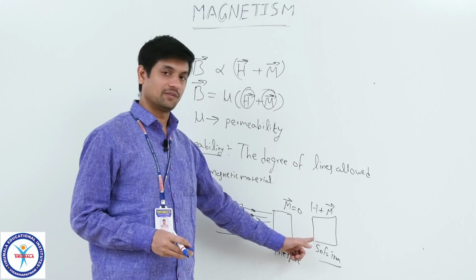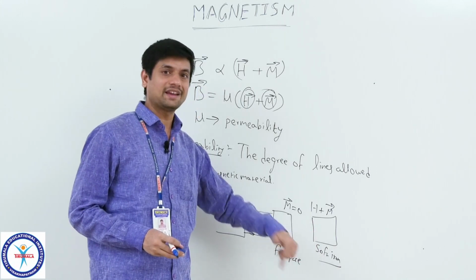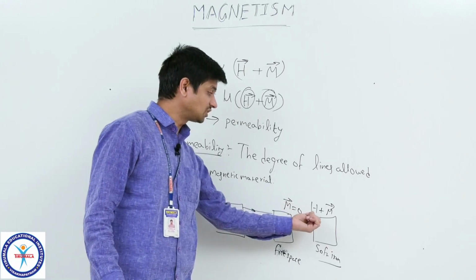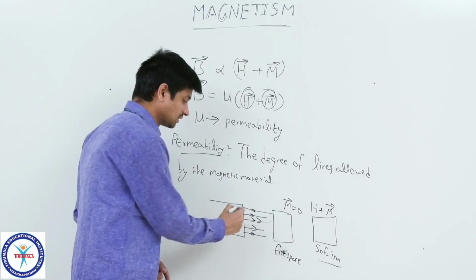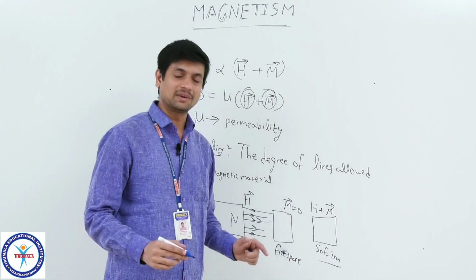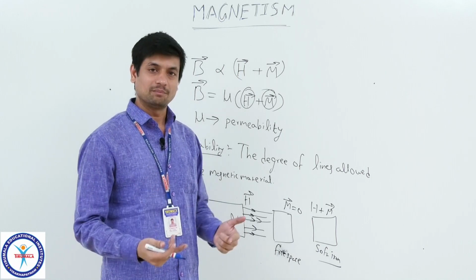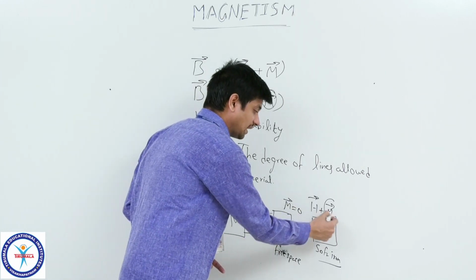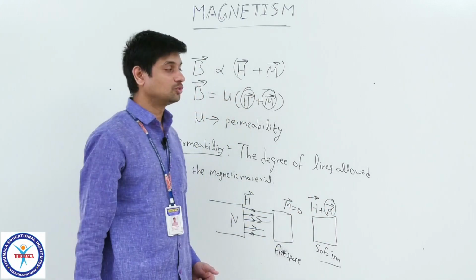Look at this soft iron. If I use this one, this will again produce internally the magnetic field. So this H field what you are giving from this bar magnet and this material, because that is a magnetic material, it will produce again the M factor, both sum you need to consider.